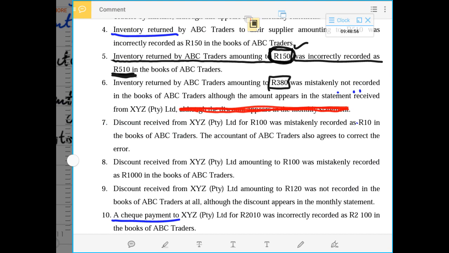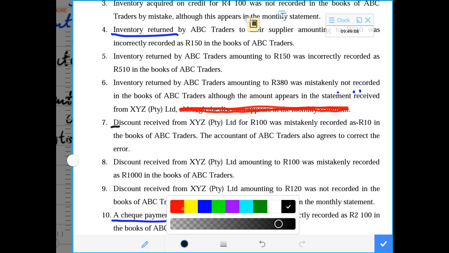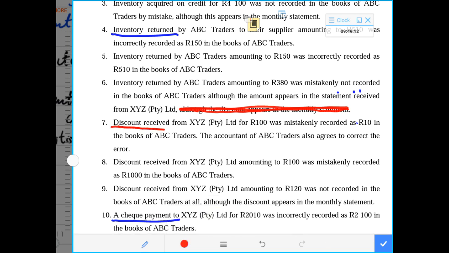Number 7 now is another entry. Number 7 is a discount. It says a discount received from XYZ Pty Ltd for how much? 100 rand. So the right amount of the discount is 100 rand.